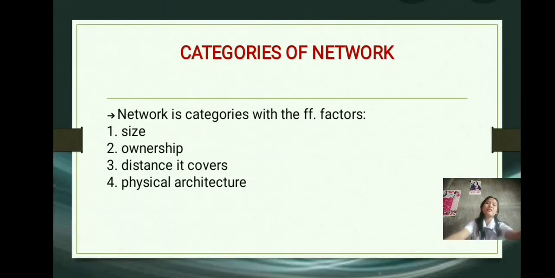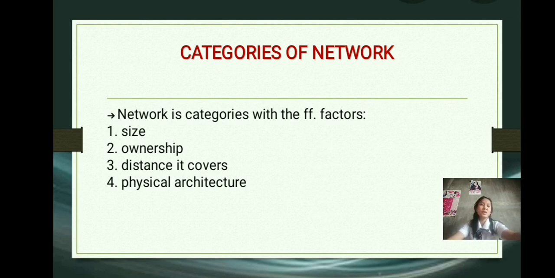Let's move on to the categories of network. Networks are categorized with the following factors. Number 1 is the size, which refers to the extent or dimension. Second is the ownership, the state of having exclusive rights.